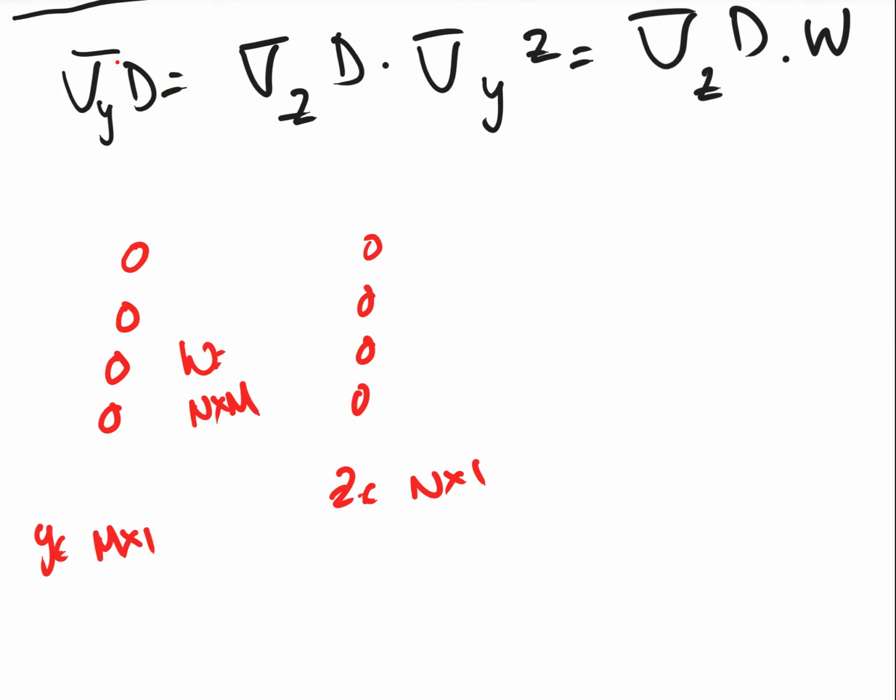Okay, so the derivative of the divergence with respect to W has to be, what will the size be? M cross n, right?